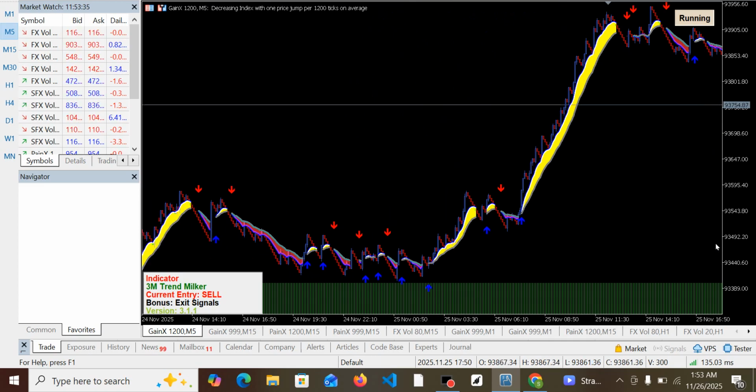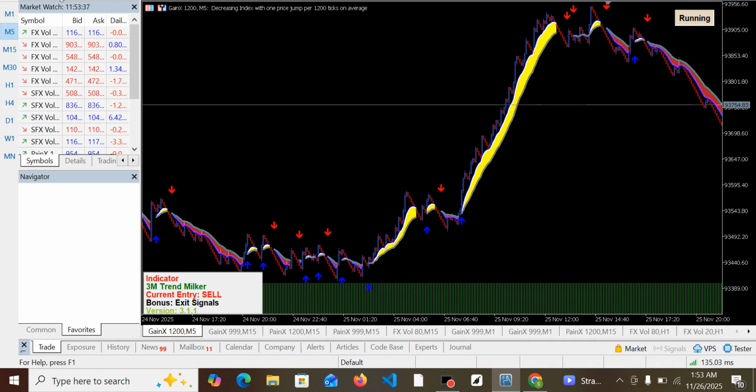Okay, let's start from here, guys. So this actually got to the support zone, and most especially once you see a market playing around a certain position, giving you a kind of sideways movement or trend, it means that something is about to happen.